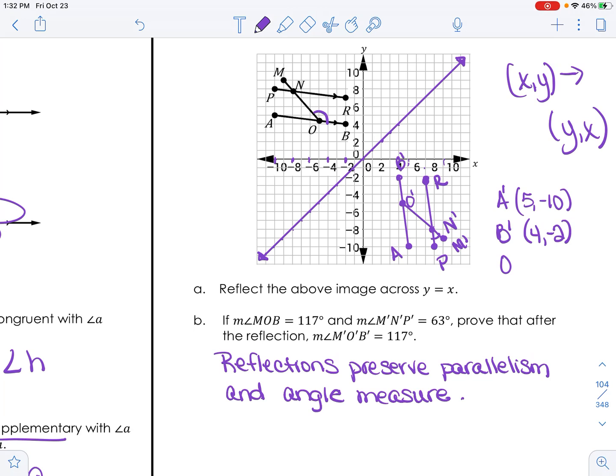So it doesn't matter how you rotate it, flip it, or even dilate it, and you're going to get to that coming up in a couple weeks. It is going to preserve the angle measurements as well as your parallelism.